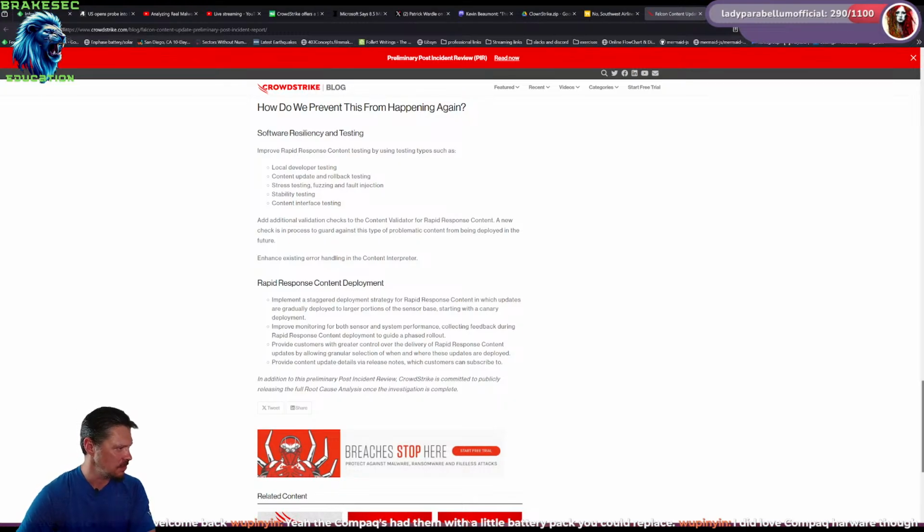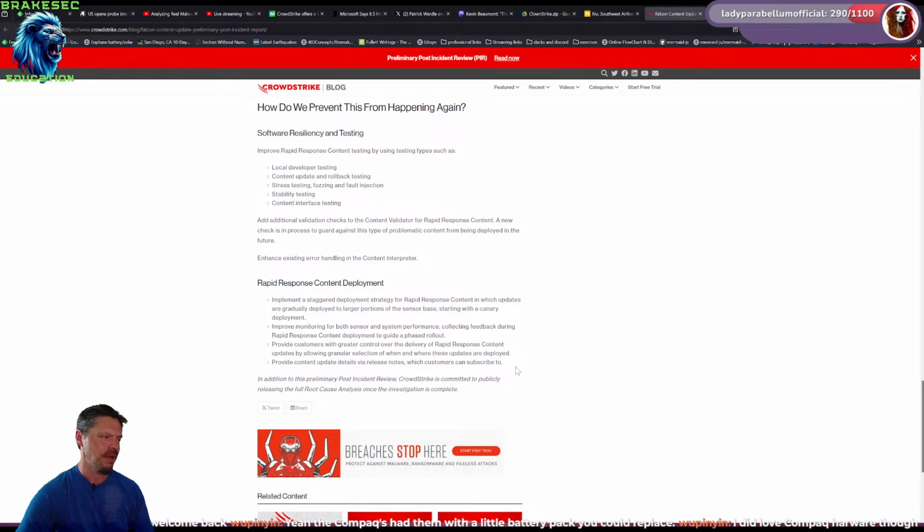Let me see, improving monitoring for sensor and its performance, collecting feedback during deployments to guide a phased rollout. So right, we did this and CPU usage goes up 15%. Well, is that something that we want to push on everyone else, a 15% CPU increase? And then providing customers with greater control over the delivery of those.